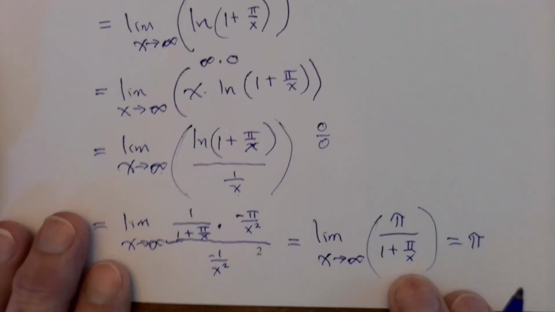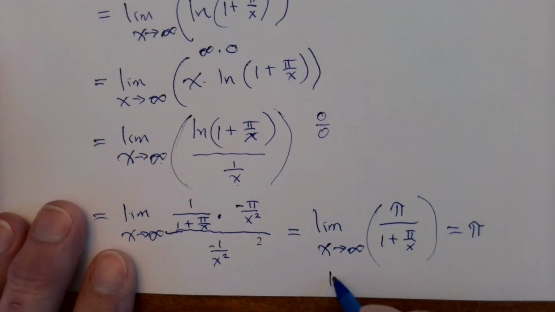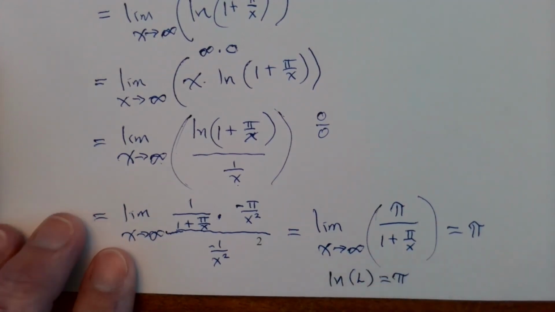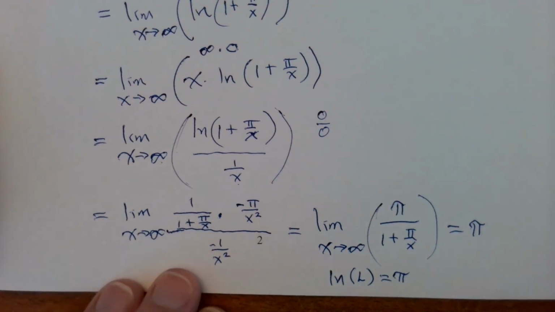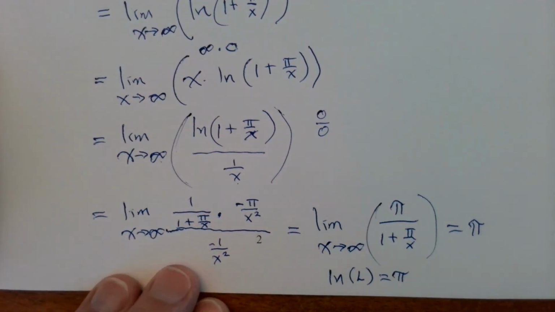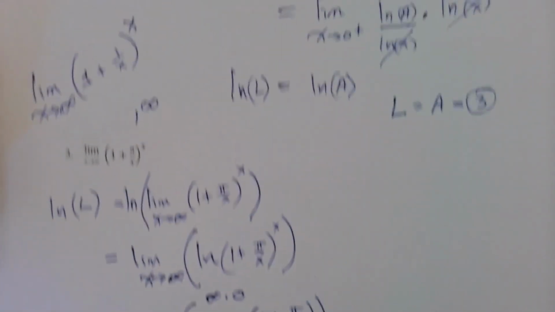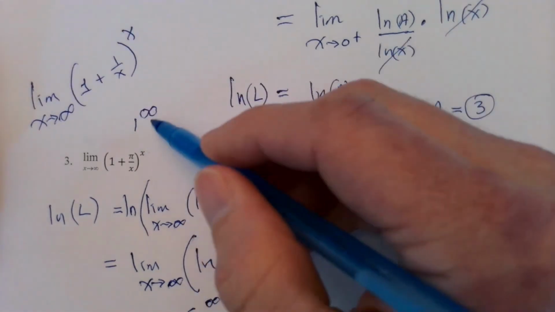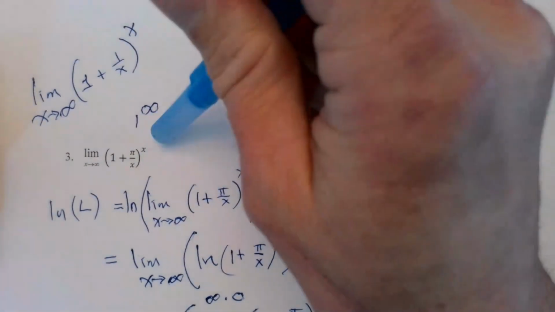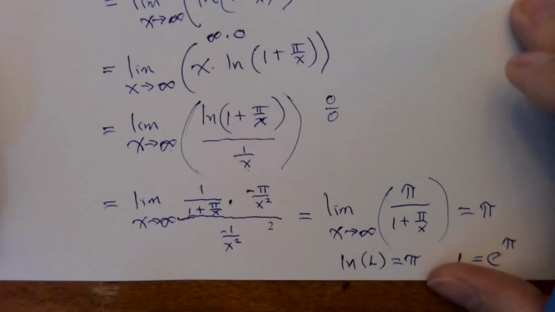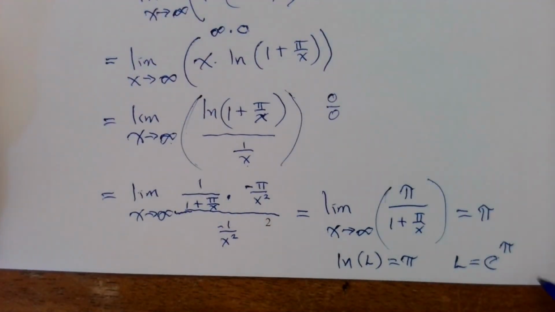So, what I have is natural log of L, our answer, is pi, and if you just exponentiate both sides, raised to this power and this power of e, you end up with L equals e to the pi. So, I hope you're convinced now. 1 raised to the infinity power in a limit problem, that form can come out to something very different than 1. In this case, it was e to the pi power.